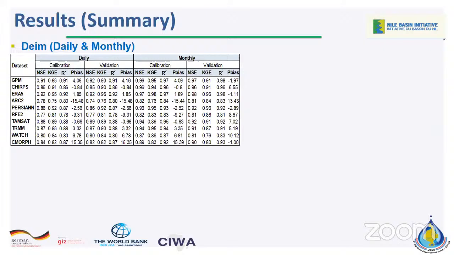The monthly values showed an excellent performance for the Blue Nile Basin for the whole 10 different data sets, and it achieved 0.82 and higher of NSE and KGE for both calibration and validation periods.